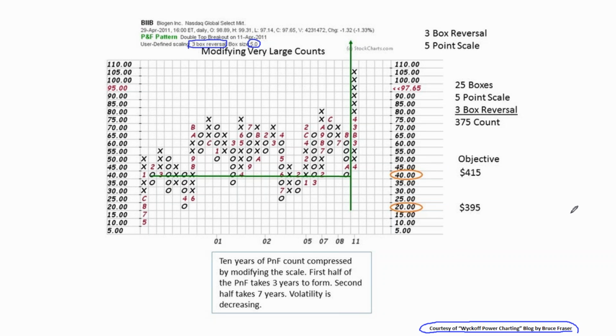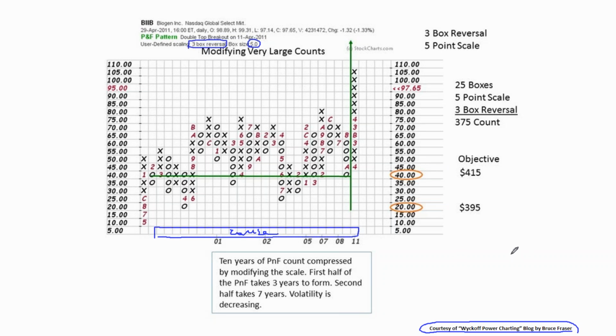And so here, the most important thing I want to get across is that we needed to create a modified count because this point and figure chart is 10 years wide. And so all I want to do is get across the point that we can compact our data and still get really good counts that are useful to us.